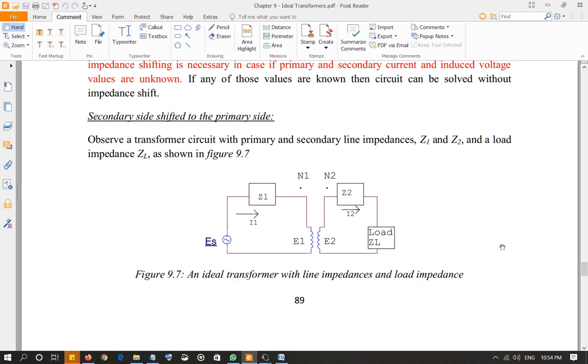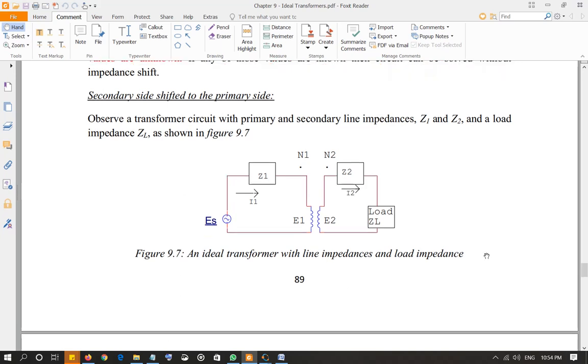So any impedance connected on the primary side is equal to A squared times the impedance connected on the secondary side. If we want to reflect any impedance from the secondary side to the primary, we multiply that impedance by A squared.